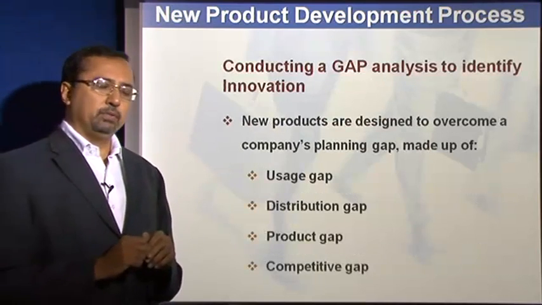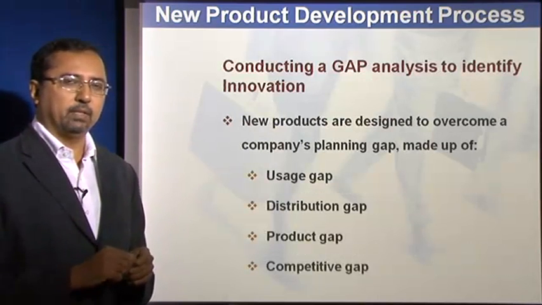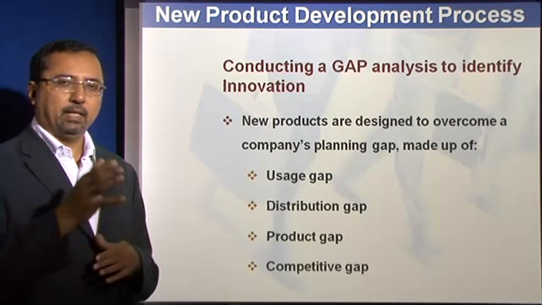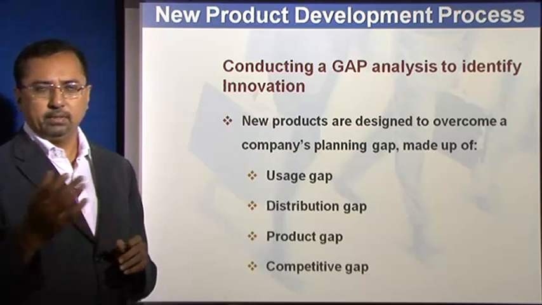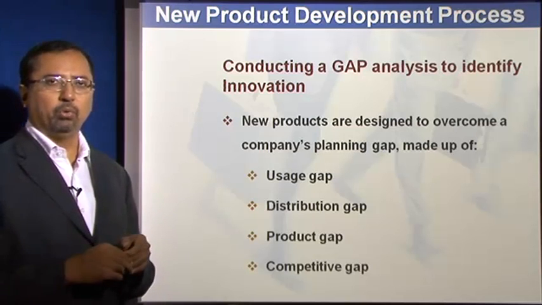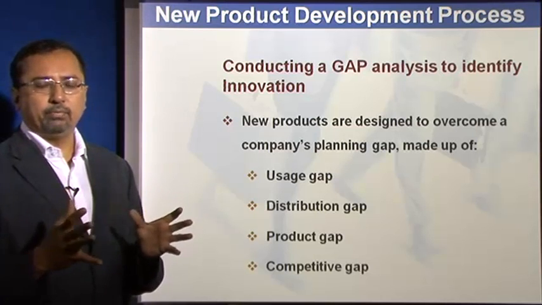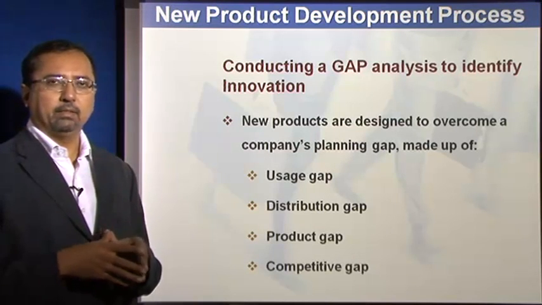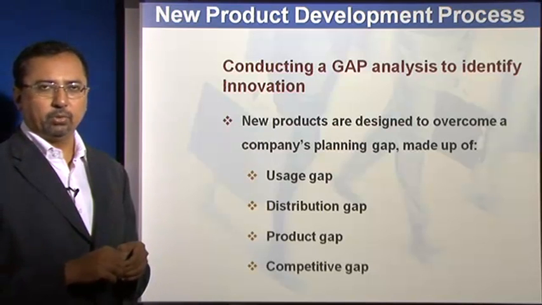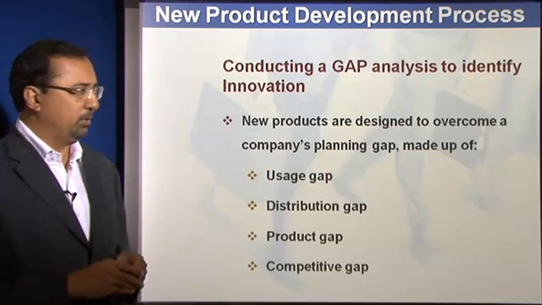So first and foremost, a very important thing to understand innovation is to see where exactly are the gaps. There are words that you will hear being thrown around, blue ocean strategy, which is try to look at a new kind of a space rather than competing in the existing space. So what gaps exist out there?